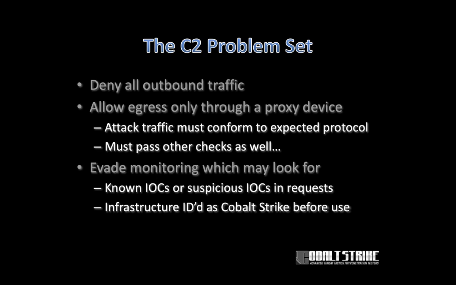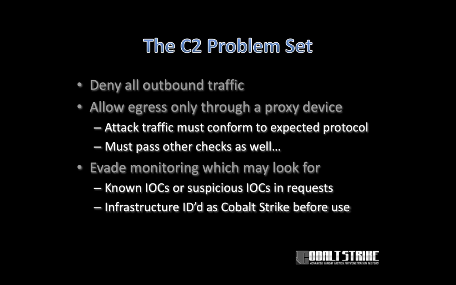In any type of modern enterprise, you should expect that there is a network firewall that is denying all outbound traffic. So you can't assume that you will be able to make a raw connection out of a network. The only egress that you should expect is egress that goes through a proxy device. When this happens, your attack traffic must conform to the expected protocol, and there are other checks that it must pass as well.